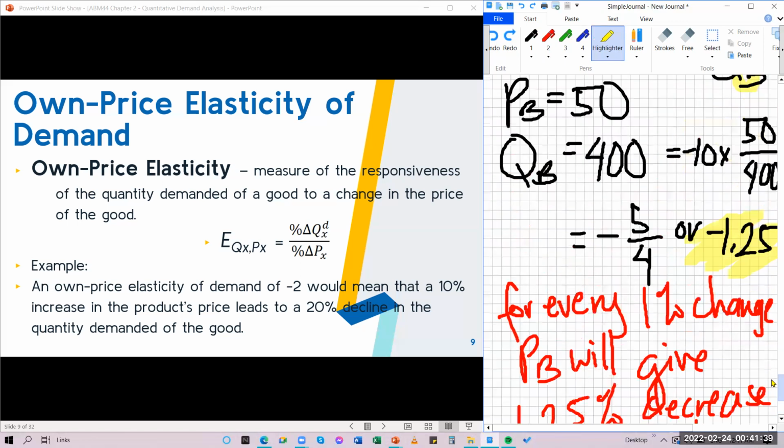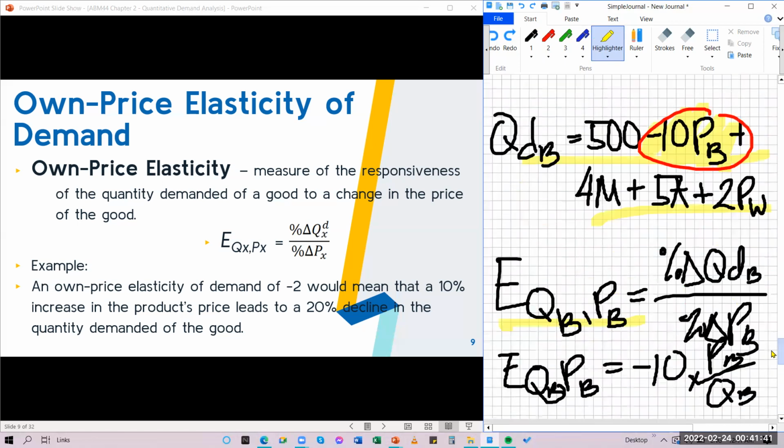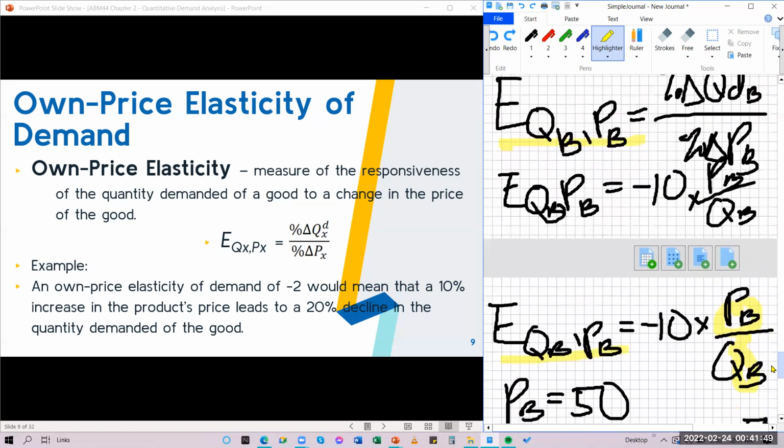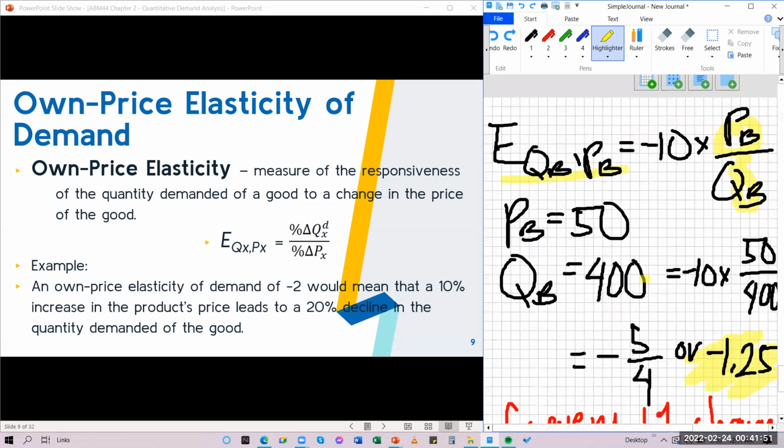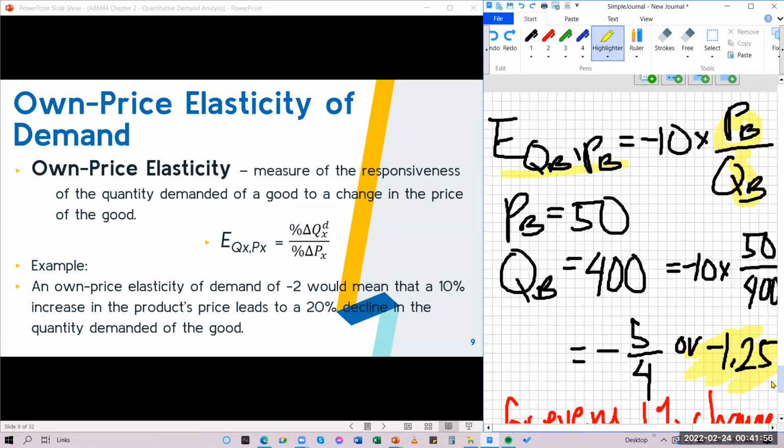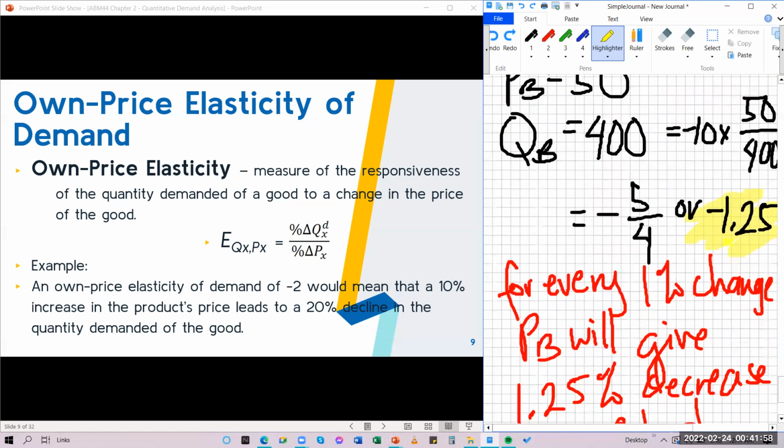I repeat again, you will be measuring how elastic this curve is given the price itself. So price man atong gipangita, own price elasticity sa beer daan. So we will be using this formula again. Let's just change some variables and we will have a negative 1.25.